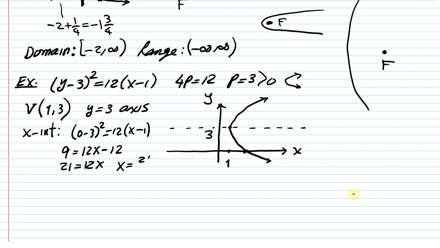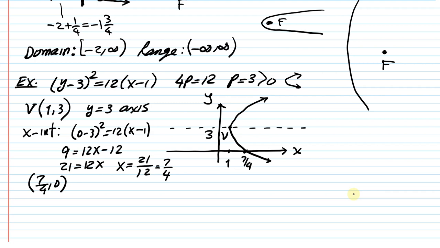So x would be 21/12, right? If I did this right. 21/12, if we divide the 3's out, we get 7/4. Okay. That's 1 3/4. That's 7/4 there. So our x-intercept is going to be at 7/4, comma 0.